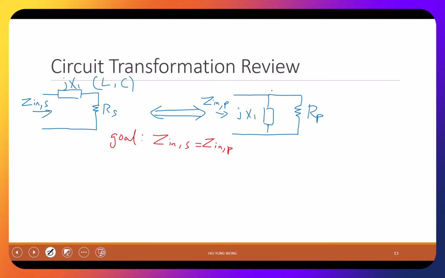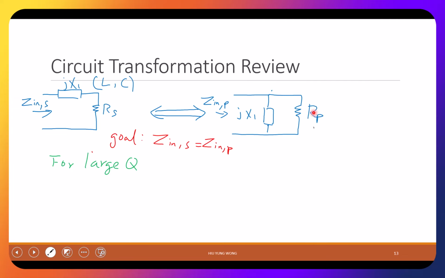That's the question. Now, you can go to the textbook in chapter 2 and take a look, or you just trust me. Of course, you can solve the circuit, find out what the input impedance is, and then equate them. Then you know under what condition they will be the same. But one quick way is to think about large Q. If Q is infinity, RS must be 0, right?